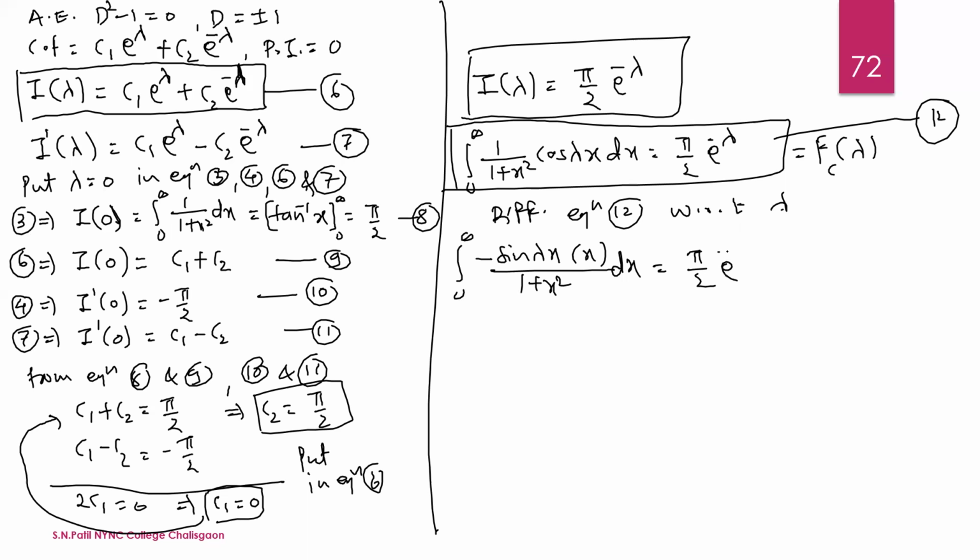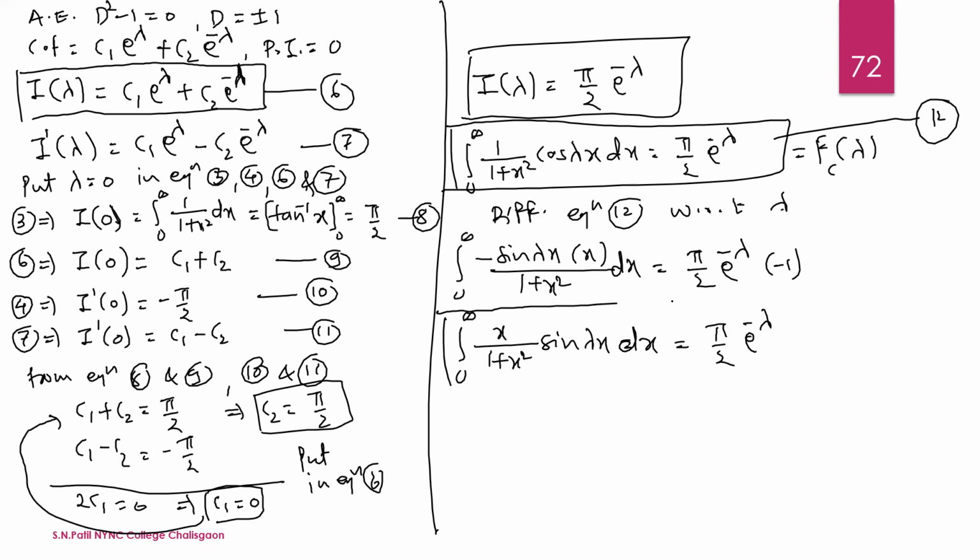The derivative of e raised to minus lambda is e raised to minus lambda, and minus the derivative of minus lambda is minus 1. Both sides the minus sign is cancelled, so we get integral 0 to infinity x upon 1 plus x square sine lambda x dx is equal to pi by 2 e raised to minus lambda. So this is the second solution.